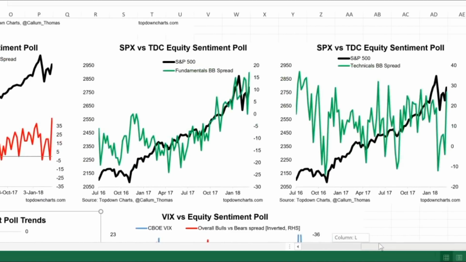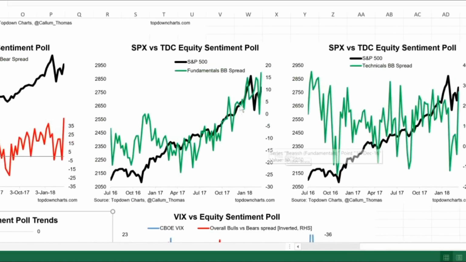And if you look at the fundamentals versus technicals bull-bear spreads, you've got fundamentals bouncing off the 0 point. For quite a long time it was sitting below that 0 point, and then you moved into this new phase of the bull market, and now it's sitting at a record high.